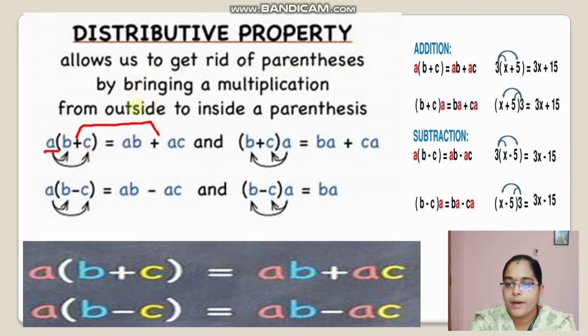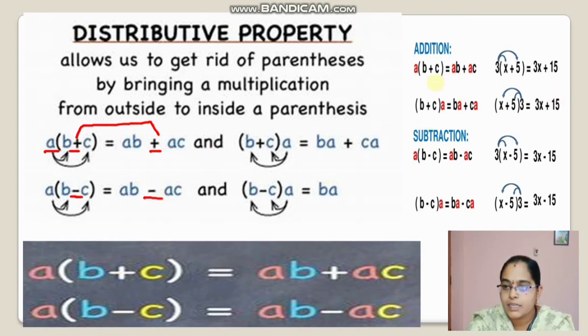It allows us to get rid of parentheses by bringing a multiplication from outside to inside the parentheses. So here we have two formulas belonging to the distributive property. If it is plus, we get a plus symbol. If we have minus in the brackets, we get a minus symbol.